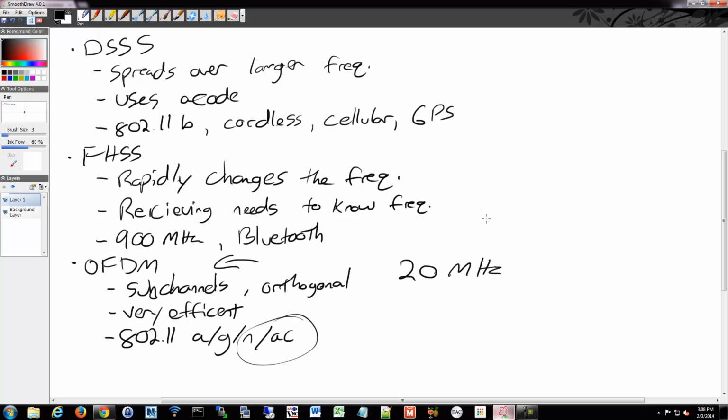So if you look at those different channels, those different bubbles of channels, they'll be 20 megahertz in size. One thing that n and ac and so on can do is nice things such as bonding two channels together, and they can make a 40 megahertz channel.